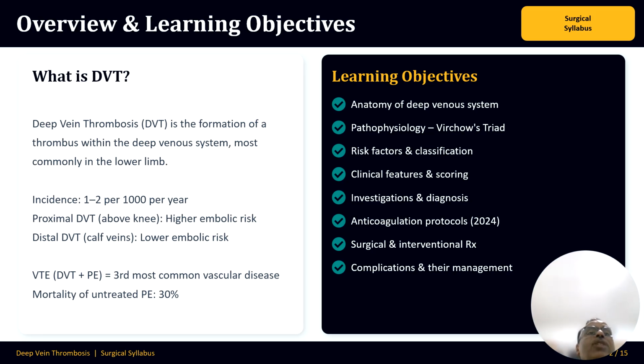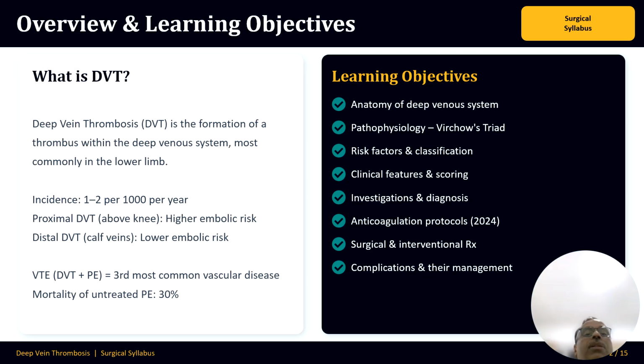Now, incidence of deep vein thrombosis the world over has been estimated to be about 1 to 2 cases per thousand per year. If it is a proximal deep vein thrombosis, that means if it is occurring in the veins above the knee, then this carries a very high embolic risk as compared to a distal DVT, that means deep vein thrombosis occurring in the calf veins.